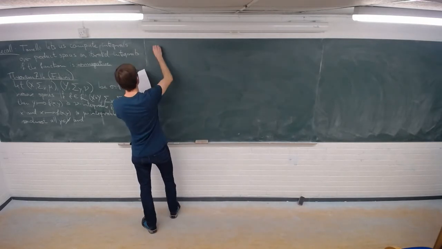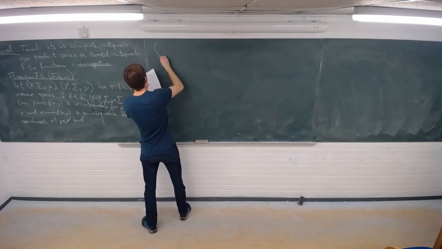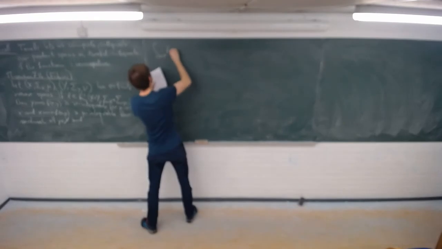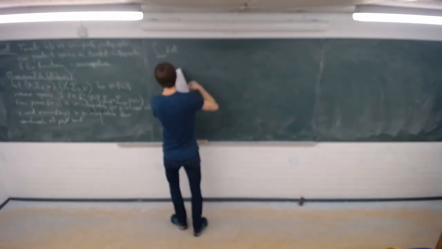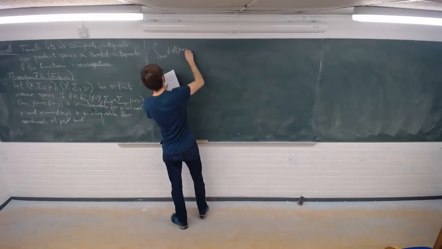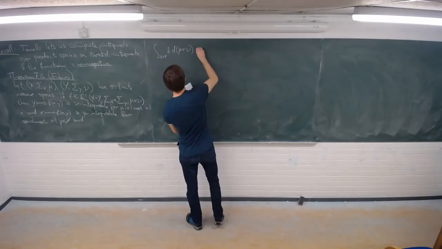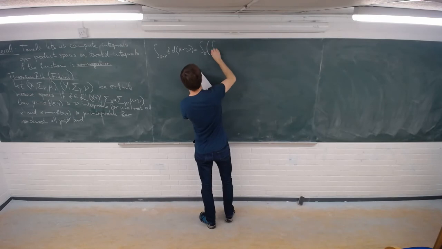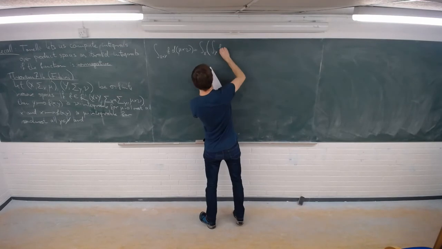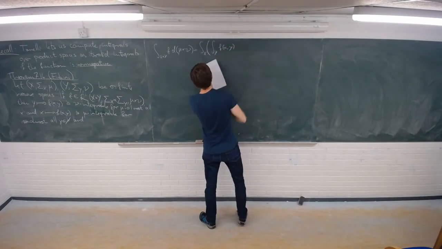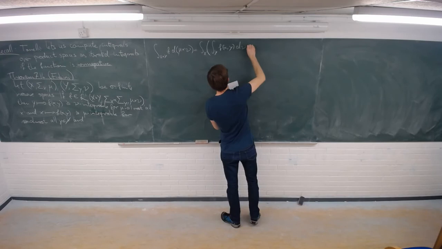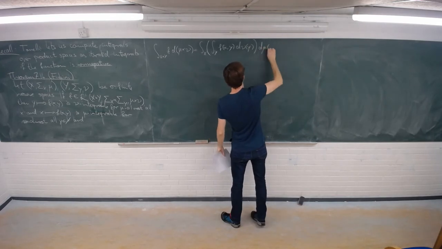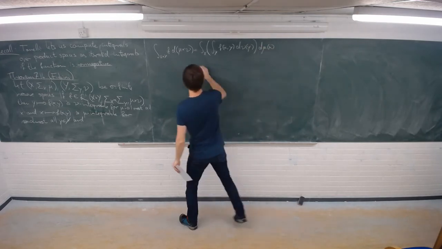And now comes the important bit. The following formula holds: the integral over X times Y of f with respect to the product measure d(μ times ν) is the same as the integral over X, integral over Y, f(x, y) dν(y) dμ(x).